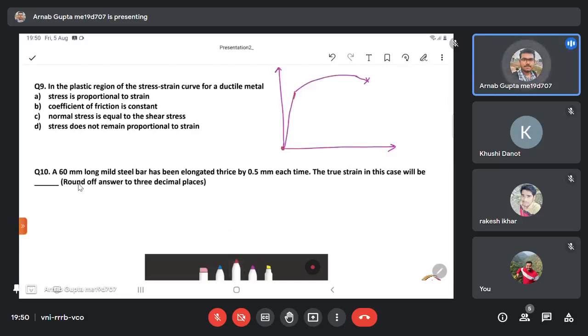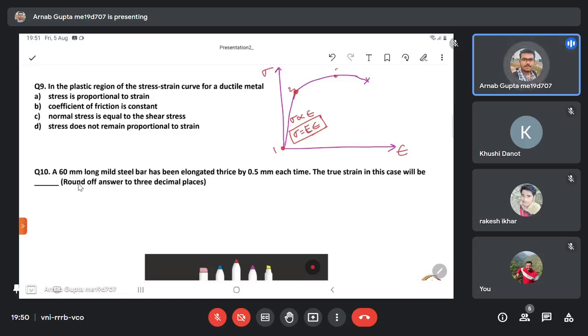So from here to here, Hooke's law is being followed, whereby we can write this particular expression: sigma is equal to Young's modulus into strain, from 1 to 2.